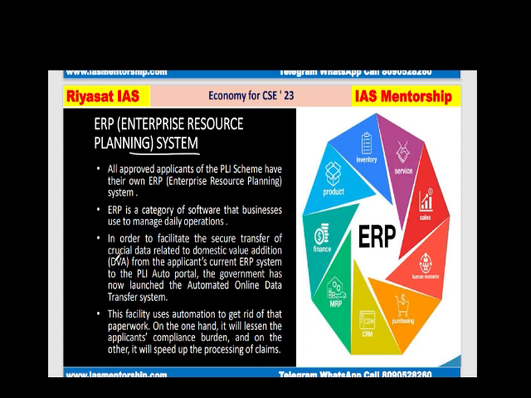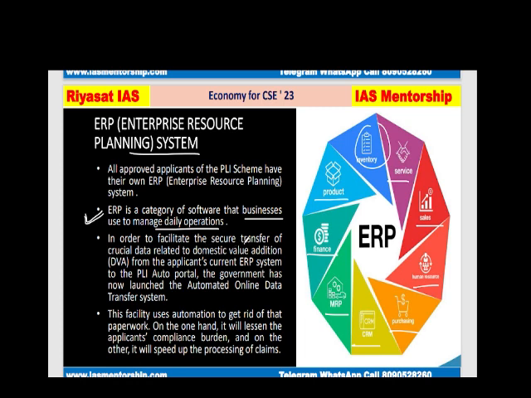Clear? It's software that businesses use to manage daily operations. See this, this is your ERP system. What all things are included here? Inventory, service, sales, human resource, purchasing, CRM, MRP, finance, and product. Everything is there in ERP. You just need to have this software if you want to run a very seamless business.